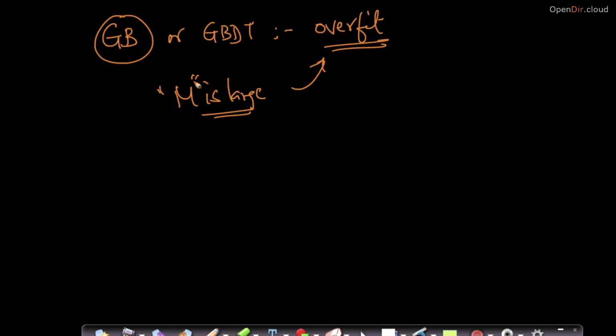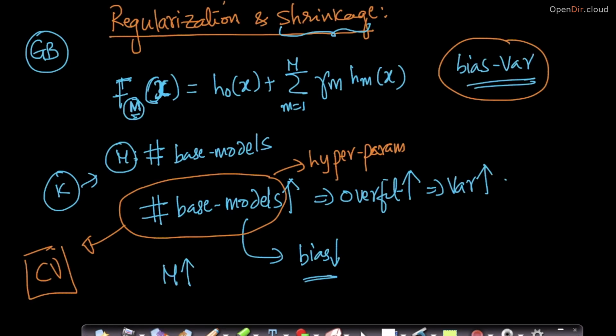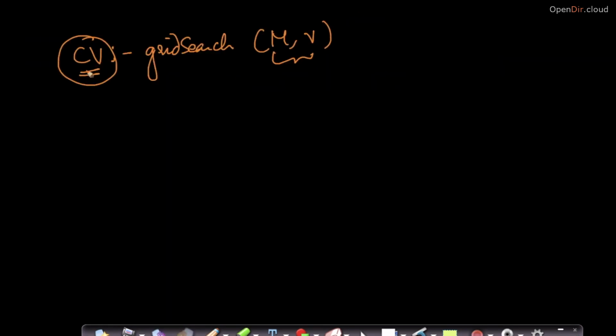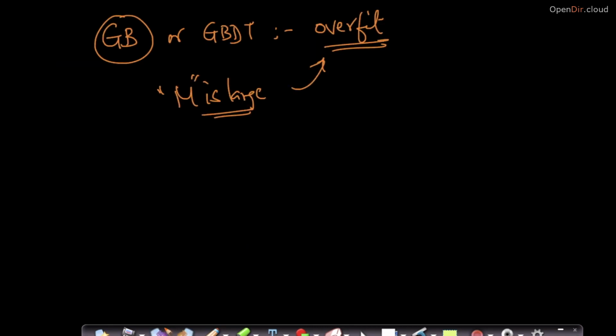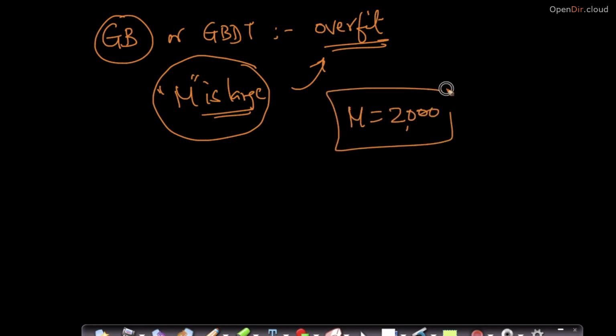So be very, very cautious when you train a model. Always use your cross-validation data, and please do a grid search on both V and M so that you find the best values of M and V without overfitting. Otherwise, it's going to be very commonplace. I've seen a lot of cases where people would train a GBDT and trivially overfit it. They would take M equal to a very large value and trivially overfit it.